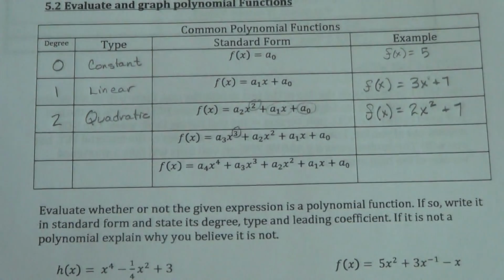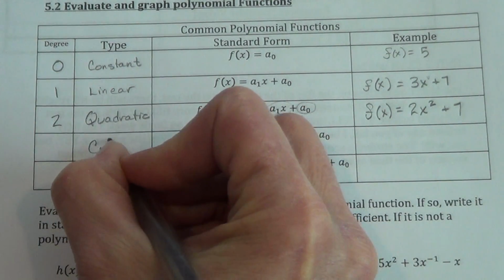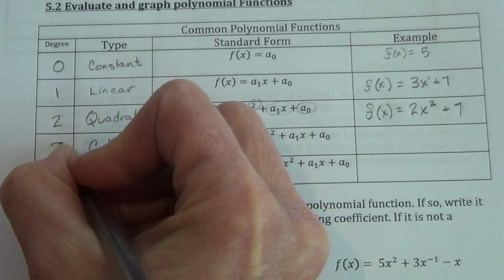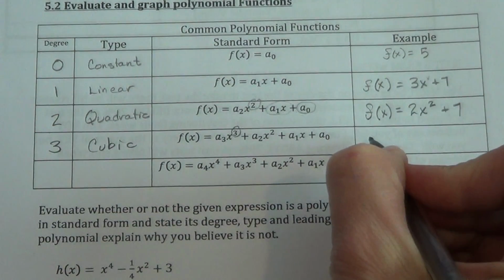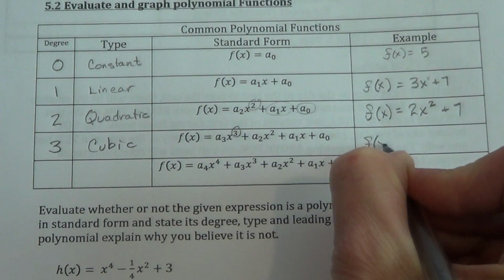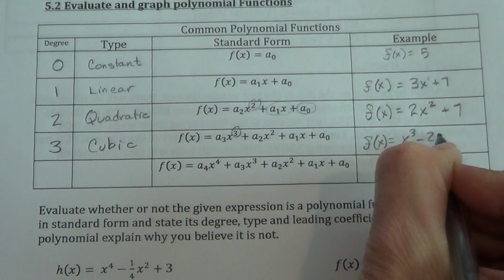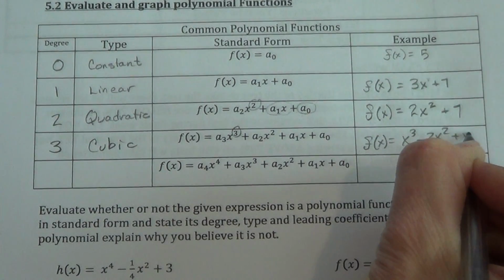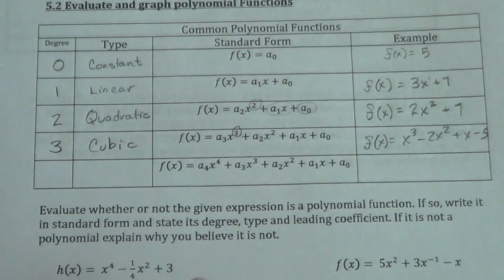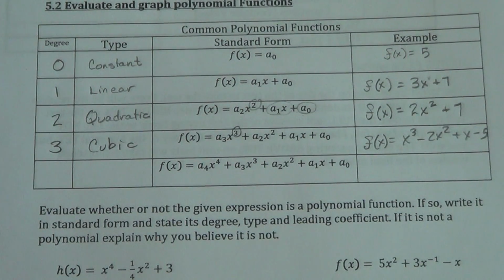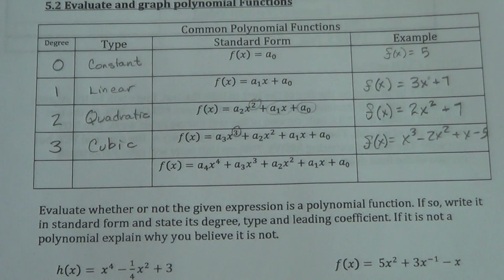The next one is cubic. It is to the 3rd degree. And a good example would be x cubed minus 2x squared plus x minus 5. Okay, you can have all the terms, or you could have just the x cubed or anything up to the x cubed.